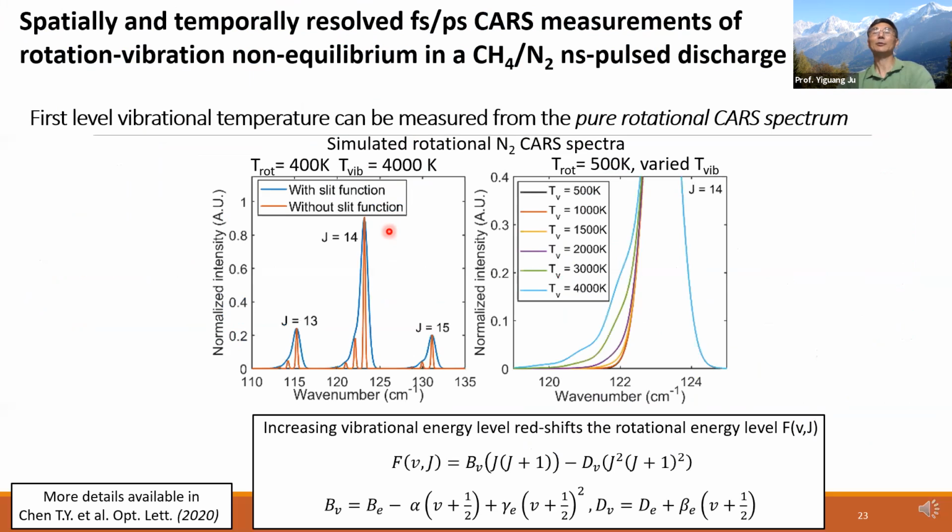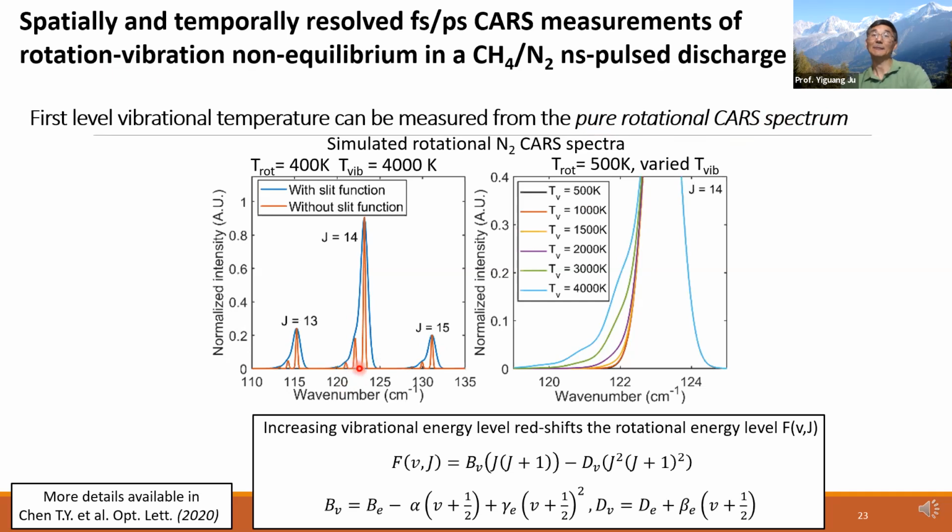And at Princeton, Tim Chen, working with Chris Cleaver and Santia, we developed this kind of spatially and temporally resolved femtosecond picosecond CARS to measure vibrational temperatures, and using rotational CARS, pure rotational CARS.